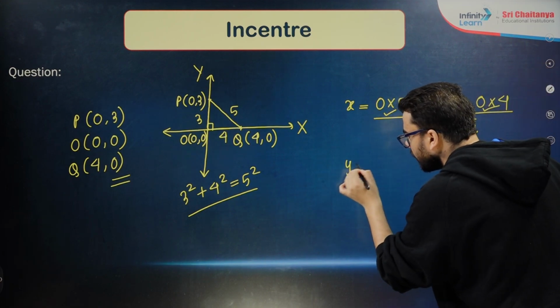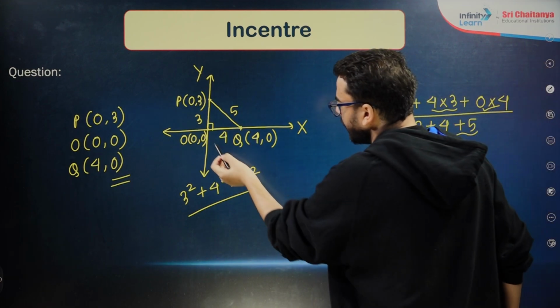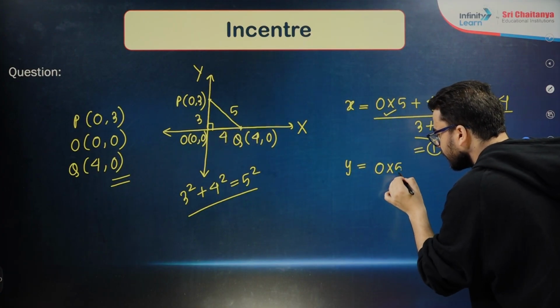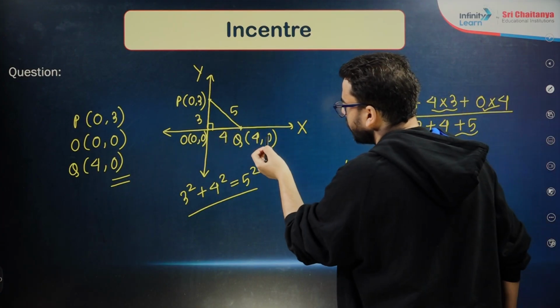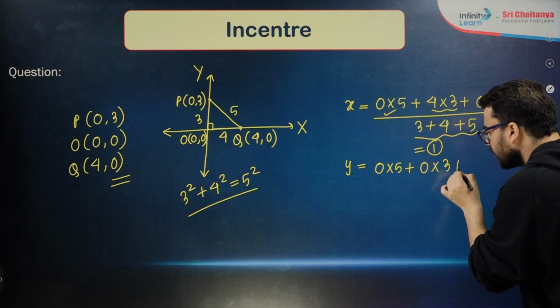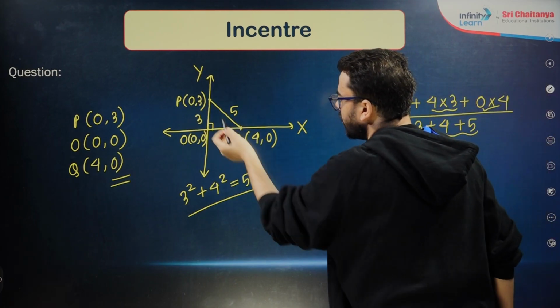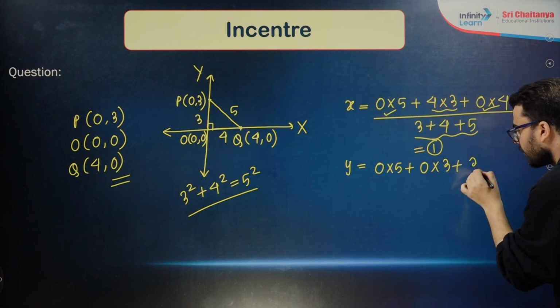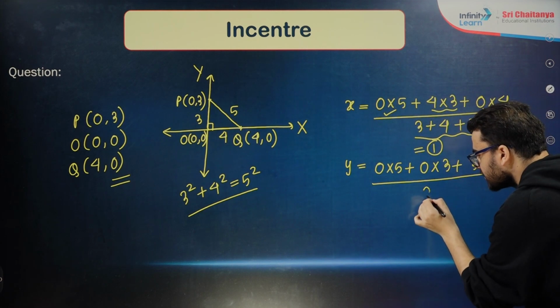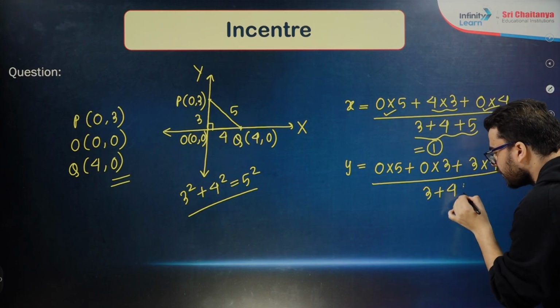In the same manner, what will the y coordinate be, guys? Y coordinate into length of the opposite side, plus y coordinate into length of the opposite side, plus y coordinate into length of the opposite side, divided by the sum of the lengths of sides, 3 plus 4 plus 5.